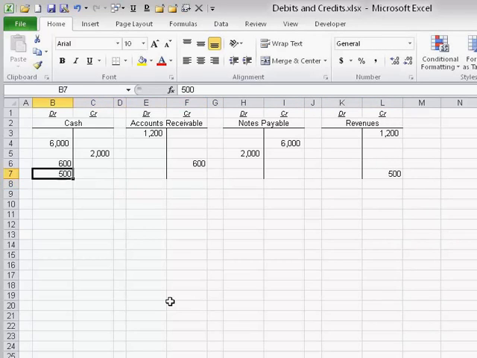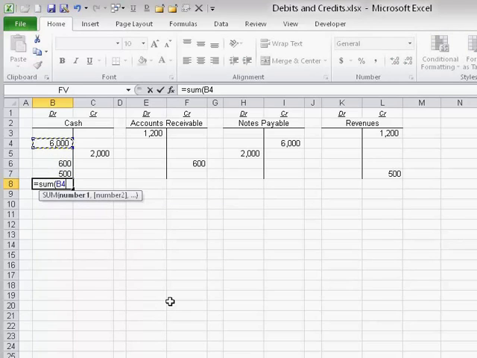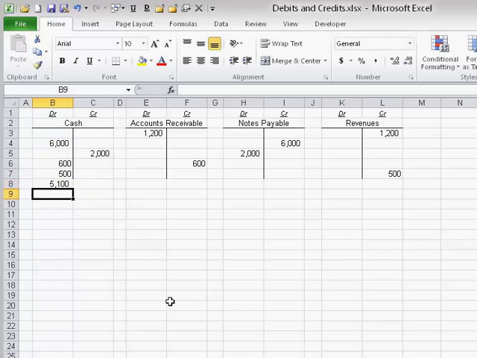Okay, and when we're done, we can figure out what our balances are. Now we would expect cash to have a debit balance. So our balance is cash, all those debits, minus the credit we had. So our balance is $510. I'll just do an underline here.